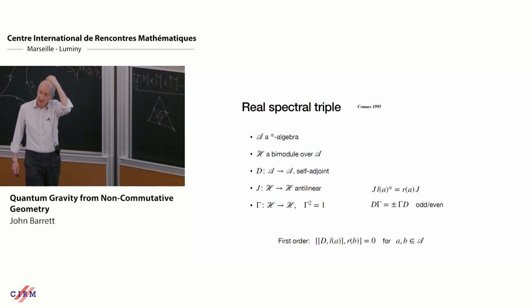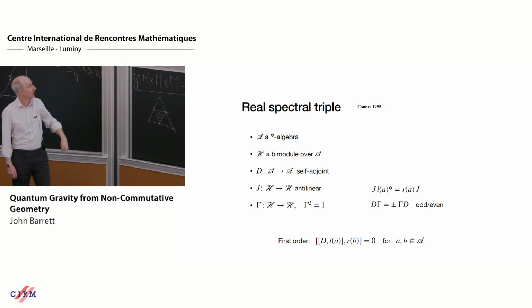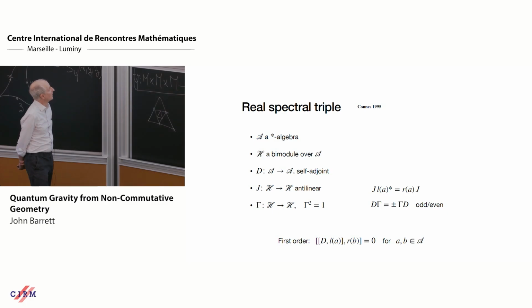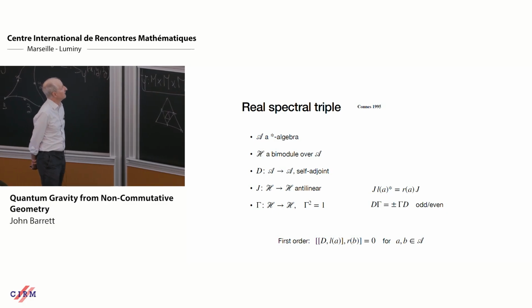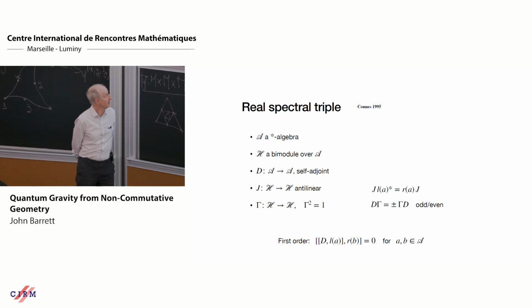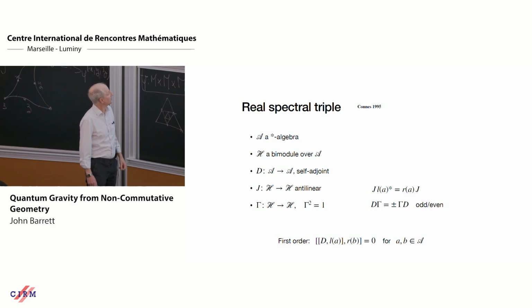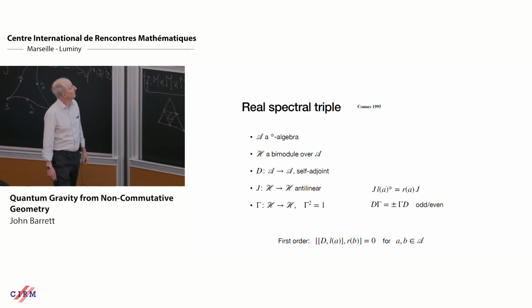So the technical gadget is a real spectral triple, and I'll run through this very briefly. So there's a star algebra A. H is a bimodule over A. So there's a left action and a right action, they commute. D maps H to H. There's a typo there.